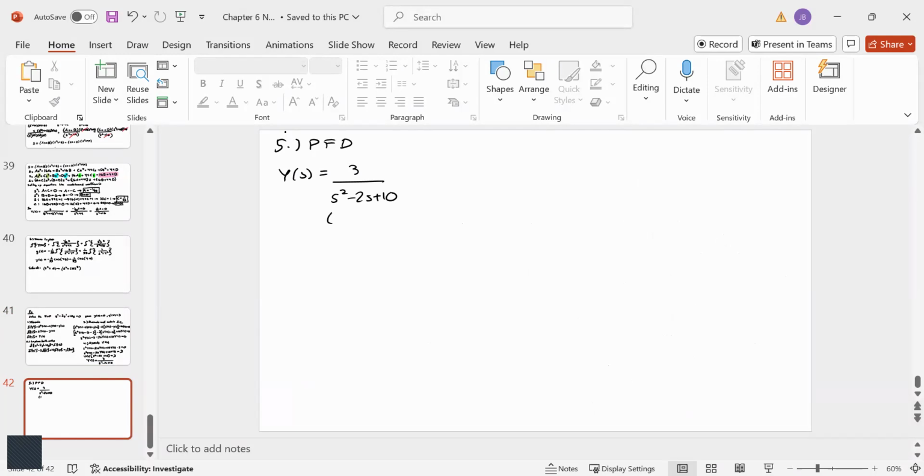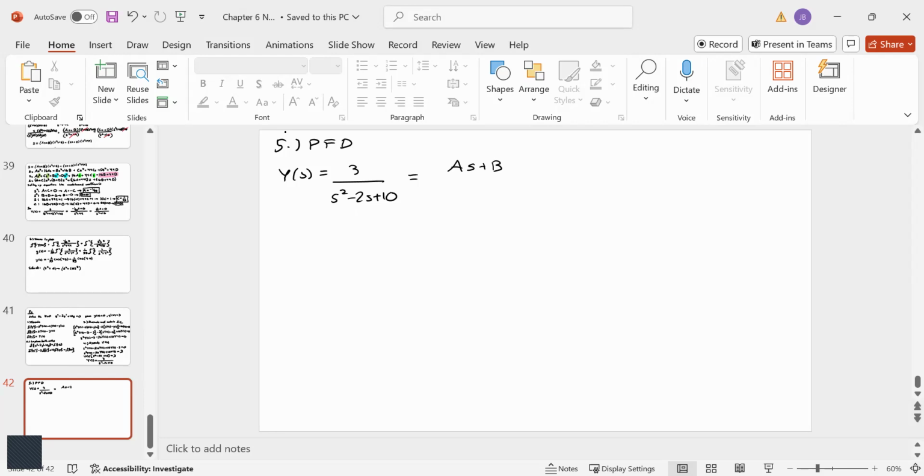Let's see. No, because 2 plus 5 is 3, so that doesn't work. 1 times 10, no. That's all I got, so not factorable. Which means, okay, then I gotta do this one, right?